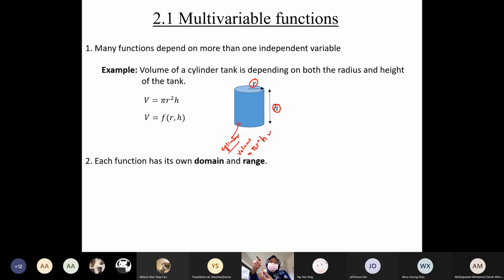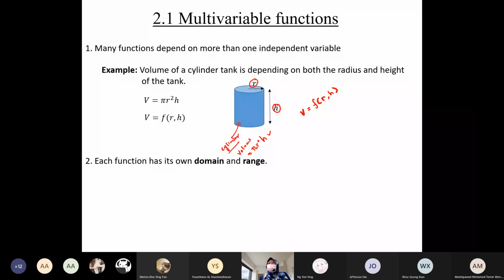And of course, when you increase the height of this cylinder, the volume will also increase. So we can say that the volume of this cylinder depends on radius and height. In function form, the volume is equal to a function of r and h.